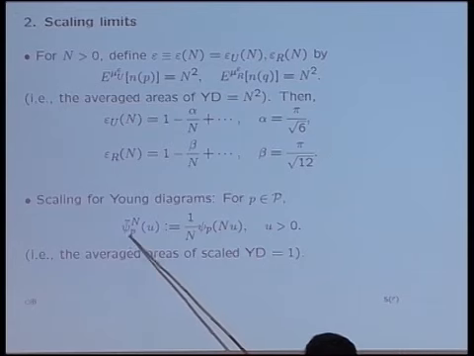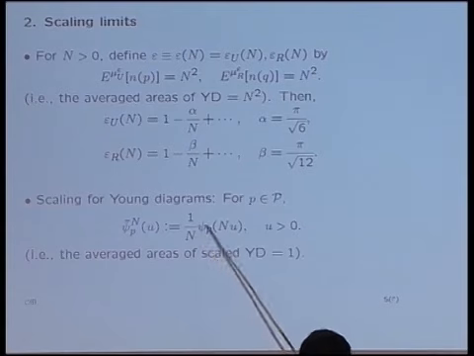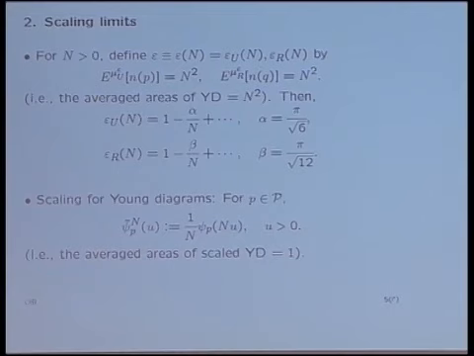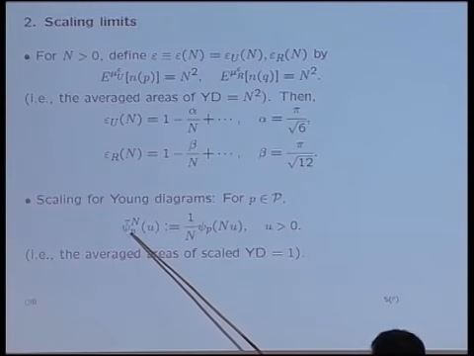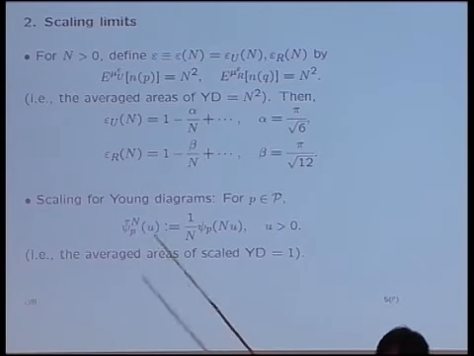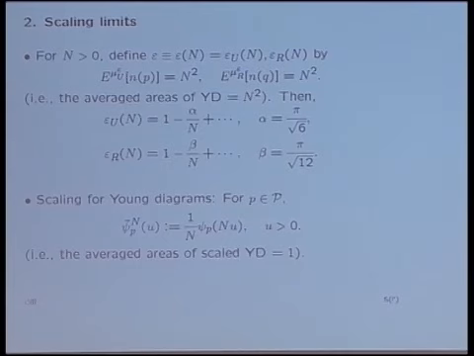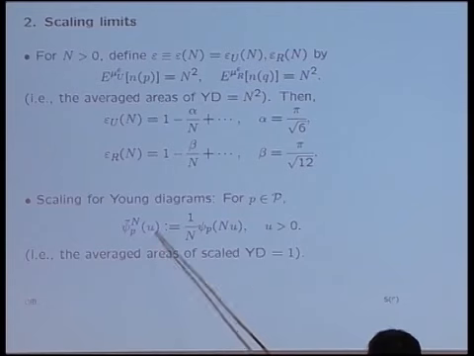So psi is just the surface of the Young diagrams, and the scaled down surface is denoted by psi tilde, which is defined in this way. Then by definition, the expected area of these Young diagrams is always 1.